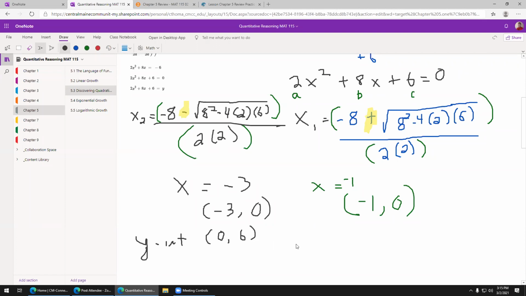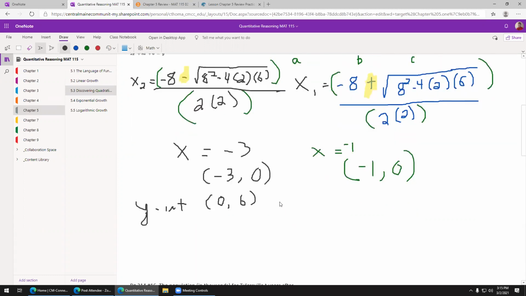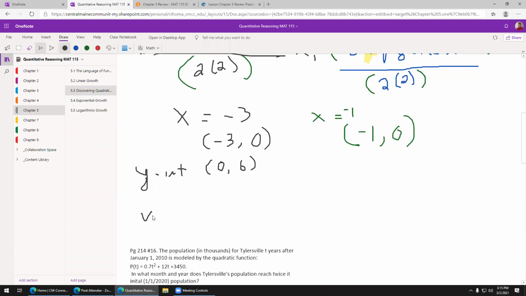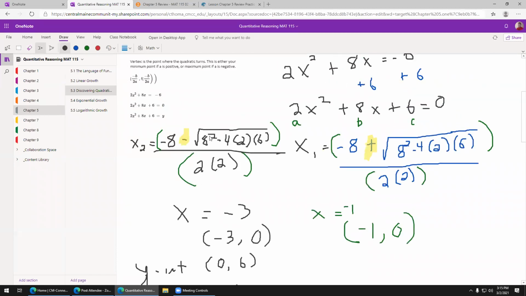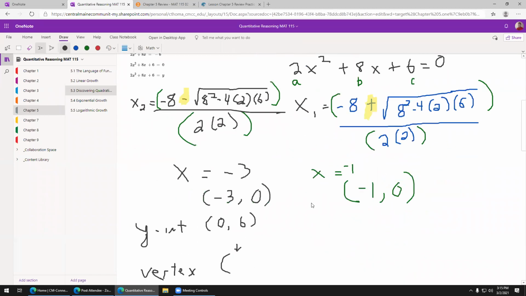So I now have 3 points to graph this. However, I need the vertex. I need to know where this turns, right? So to find the vertex, and this is where it gets a little tricky because we have x's everywhere, instead of using the x, to find the first value, we're going to use the formula -b over 2a.